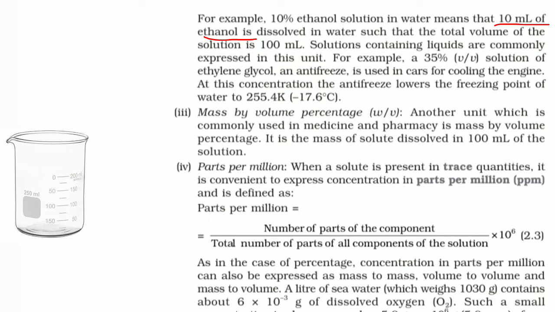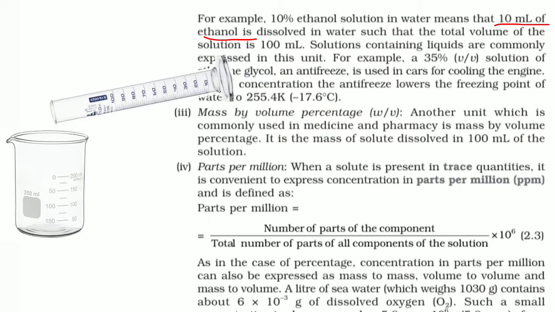When we add 90 ml of water, measured in a measuring cylinder, and transfer it to the beaker in which the ethanol is present, what will happen? Unknowingly, some amount of water will remain inside the measuring cylinder.